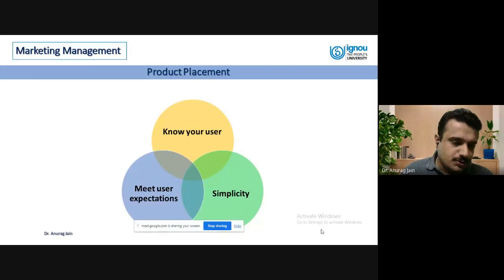And how are expectations shaped? Let me very quickly throw some light on this as well. Expectations have a very direct relationship with, one, past user experience, right? Suppose you have bought a mobile from X brand in the past. You used it for 3, 4, or 5 years, and you have your own past experience with that brand, and you will carry it ahead whenever you are going to buy a new mobile phone.